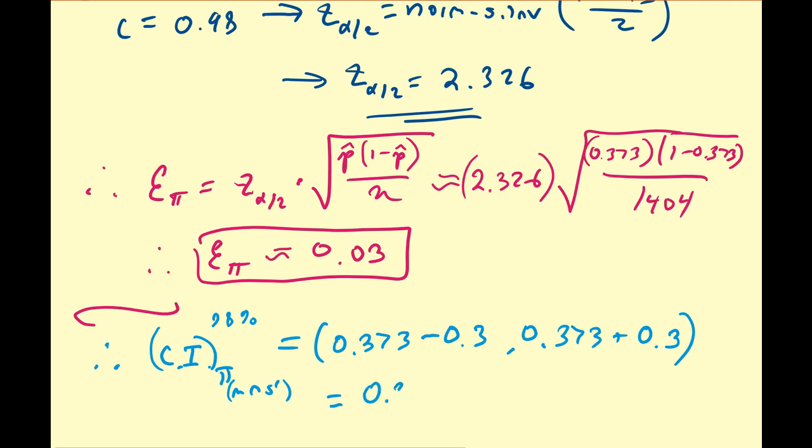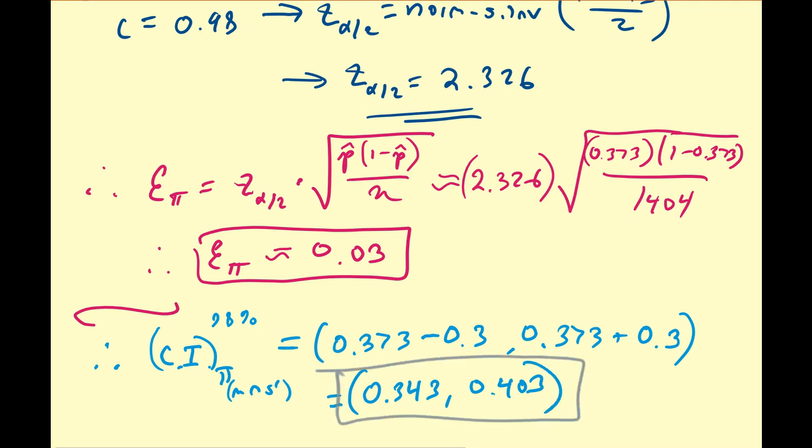And this is going to be equal to 0.343, comma, 0.403. So this is my confidence interval.